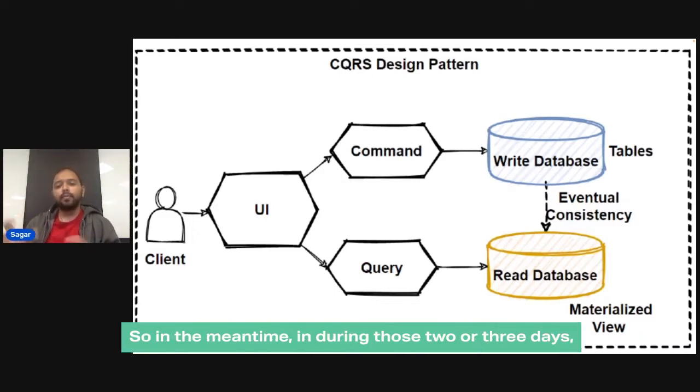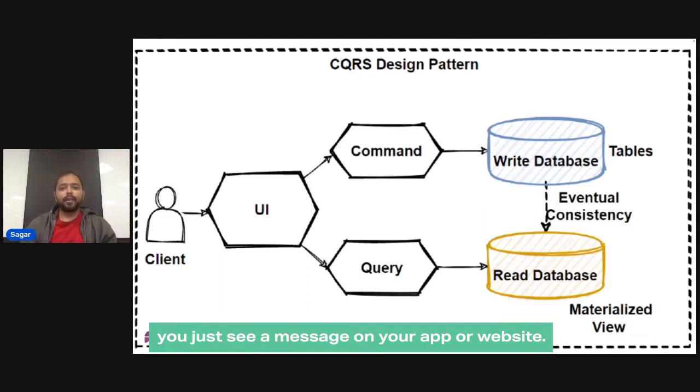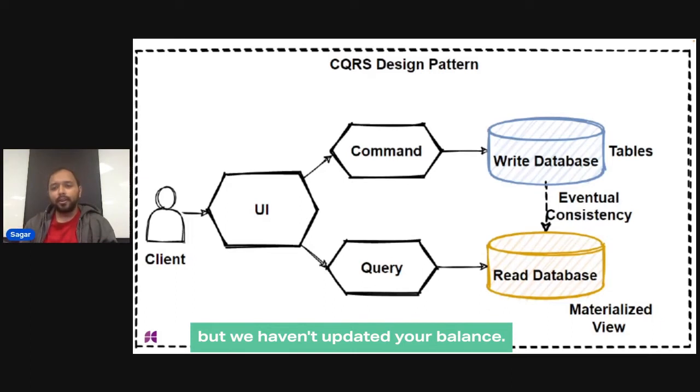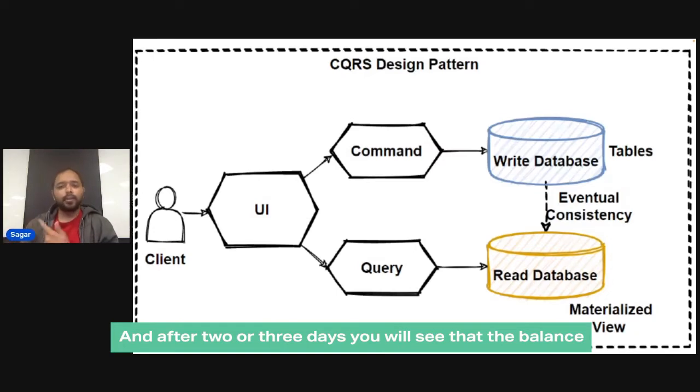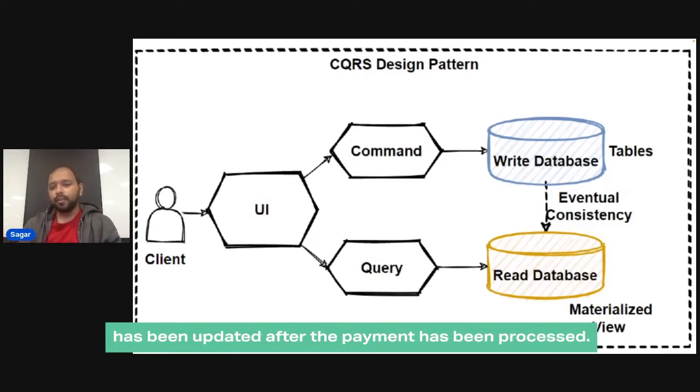So in the meantime, during those 2 or 3 days, you just see a message on your app or website which says basically that we've received the money, but we haven't updated your balance. So it will just give us some time, 2 or 3 days, to update that balance. And after 2 or 3 days, you will see that the balance has been updated after the payment has been processed.